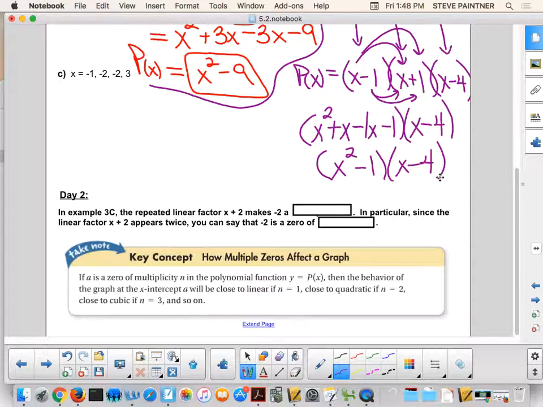Okay, I FOILed the first 2, I got x squared minus 1. Now, I bring down the x minus 4, and now what do I do? FOIL again, just FOIL again, see what happens.